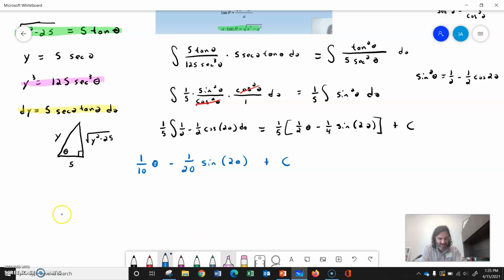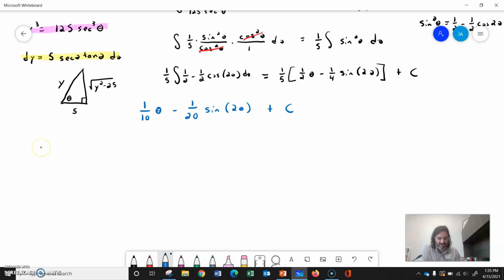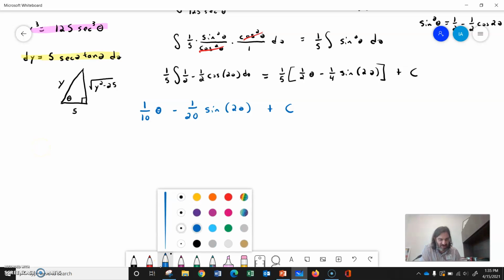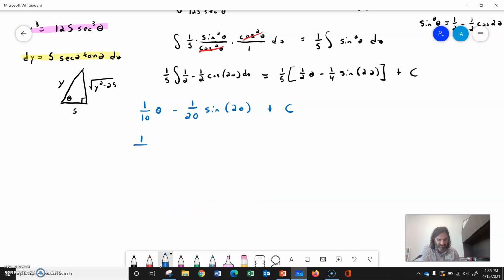But before I do that, let me look at this trig function, because now it is sine of 2 theta. Well, our triangle does not have the angle 2 theta, it just has the angle theta. So let's just keep everything in terms of theta for a moment. 1/10 theta minus 1/20, and there's a property that says the sine of 2 theta equals 2 sine theta times cosine theta.